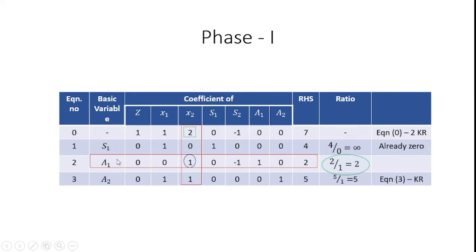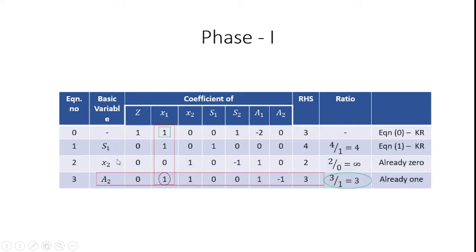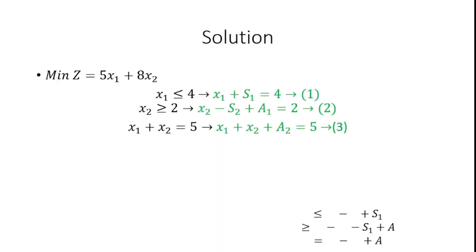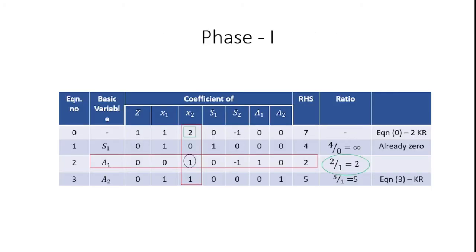After that, I consider constraint equation 2. The basic variable here is the artificial variable A1, so I pick A1 as the basic variable in the tabular column. Z is not available in constraint equation 2, and the coefficient of X1 is also not available, so I introduce 0 in that cell.